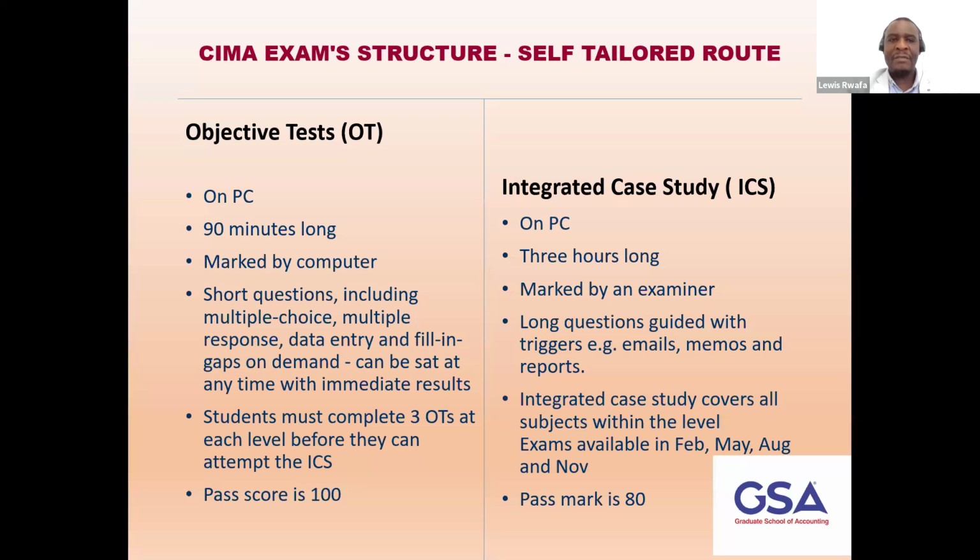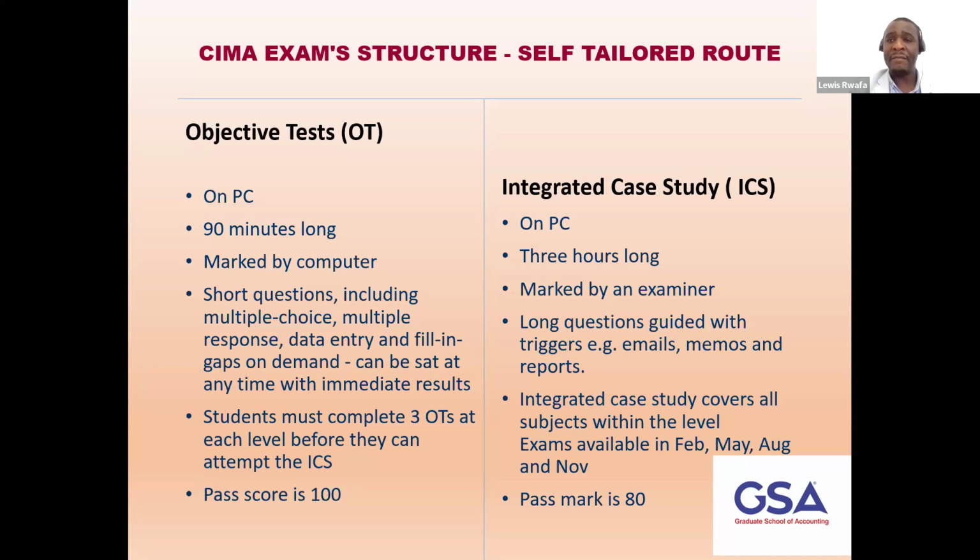The exam itself is made up of a range of questions. We've got the short questions, which cover multiple choice questions. I'll give you an example. Which of the following is correct? A, B, C, or D. Just choose the correct one. Or it could be multi-response, where they say, which of the following are correct? Select 3 that apply or 2 that apply. Those are multiple response. Or it could be data entry.